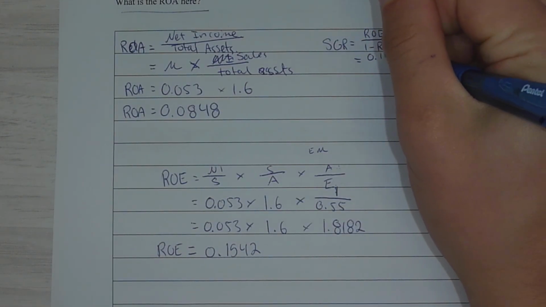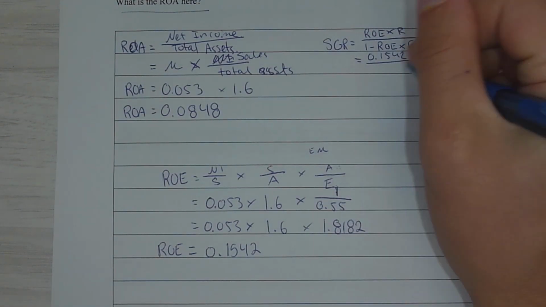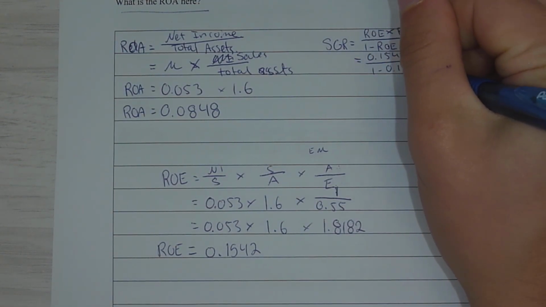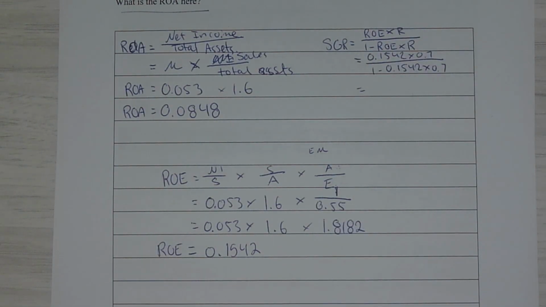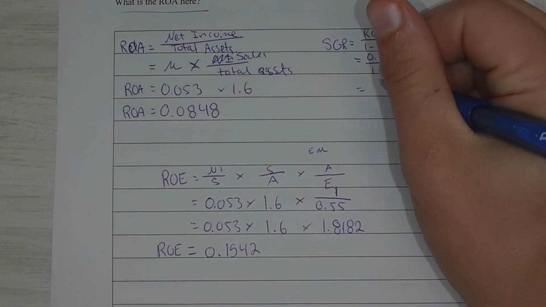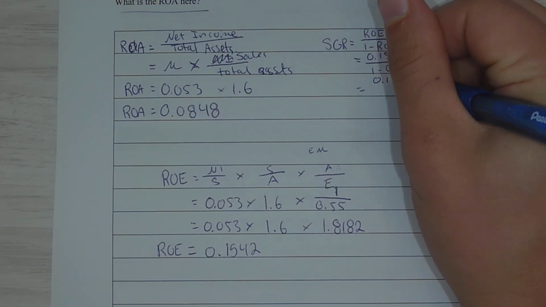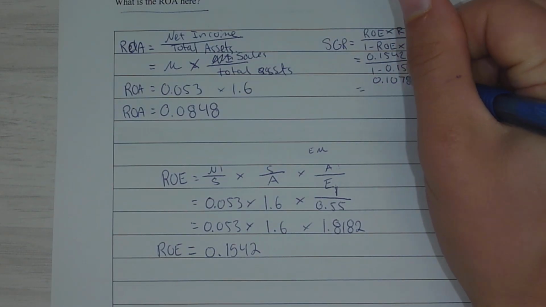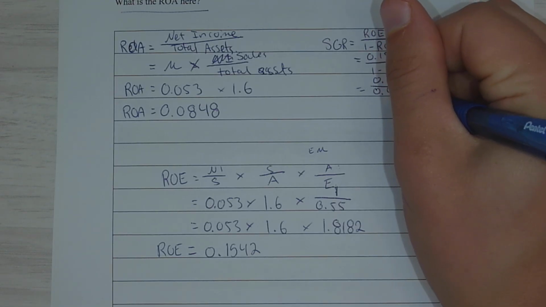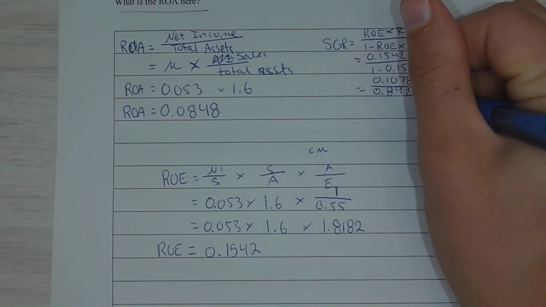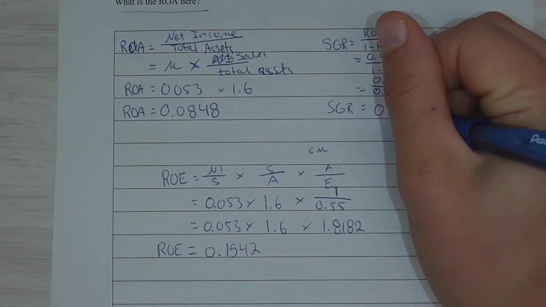We've got 0.1542 times 0.7 divided by 1 minus 0.1542 times 0.7. So we get a growth rate of 12%.